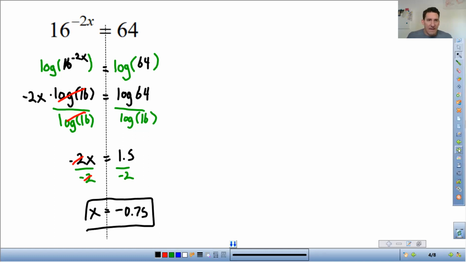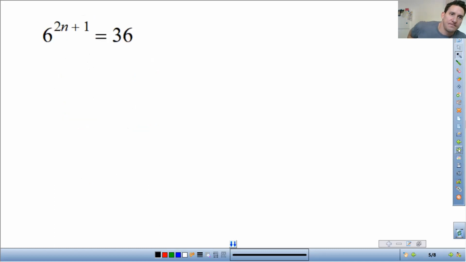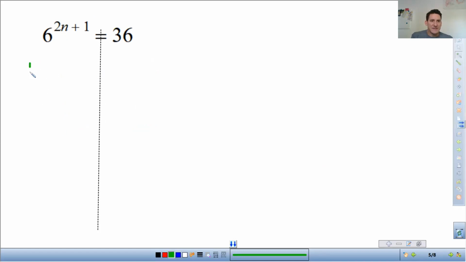All right. One more, where it comes out to nice, neat, not necessarily whole numbers. This won't come out to a whole number. A little bit neater than some of them. First step, I'm going to take the log of both sides.